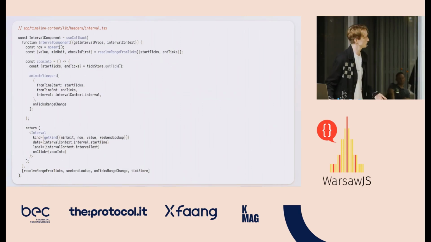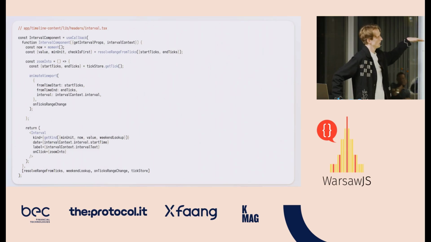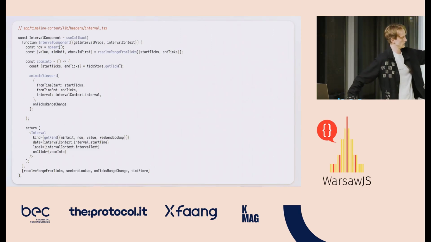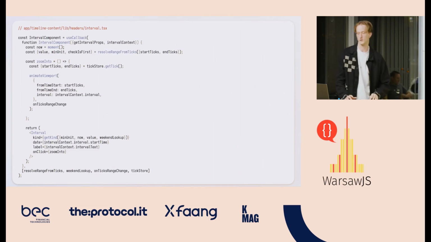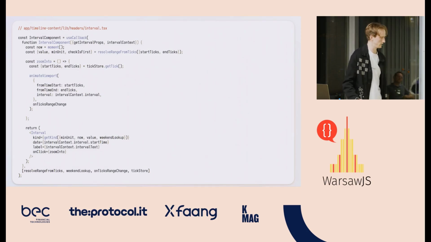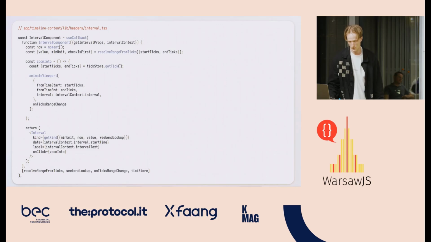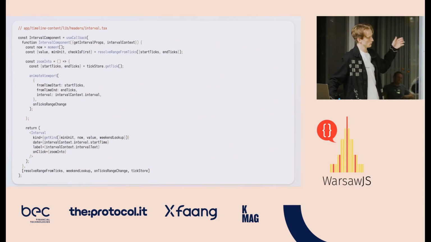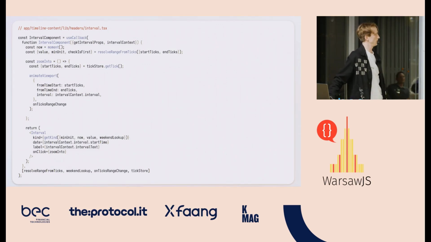So the obvious solution is to read the state right inside the callback. I won't get into the details of what the tick store is. It depends on your state management solution. But let's assume we have some API to read state at any time, at any point. And this small change already drastically improved the experience.